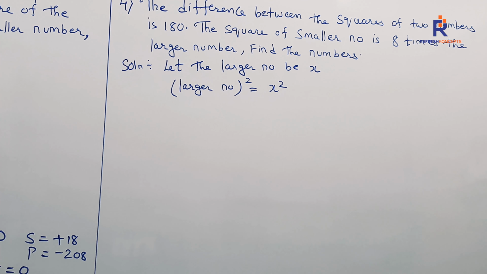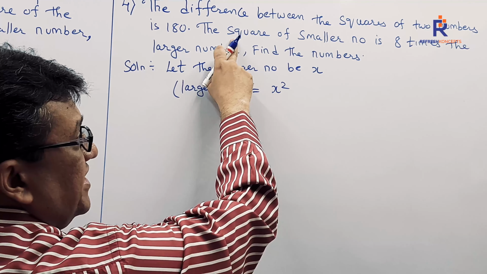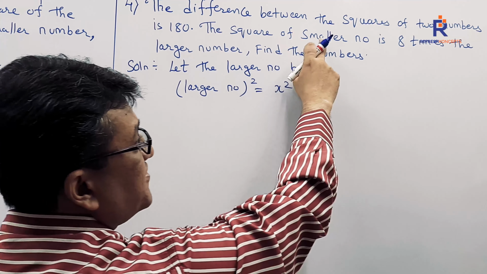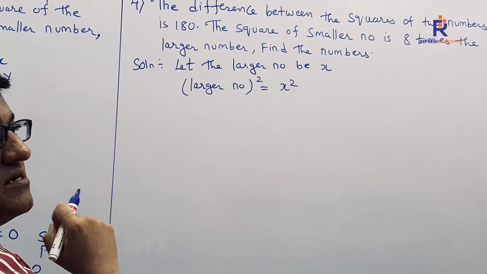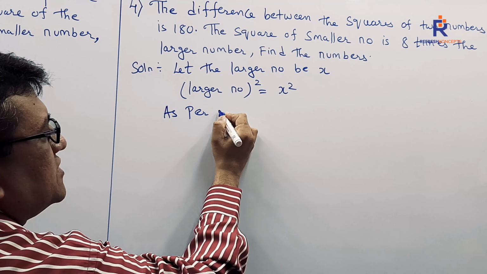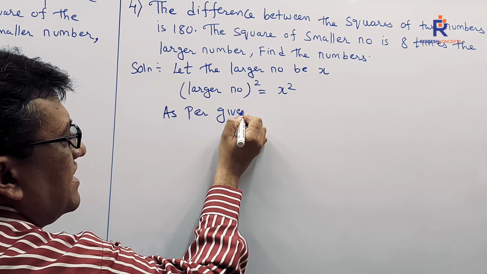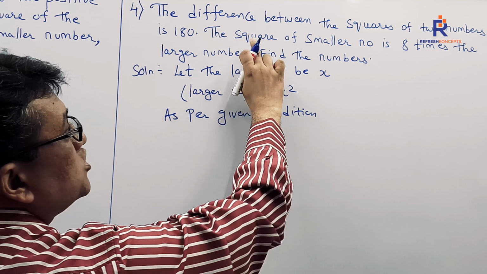Find the numbers. Any one number you can initialize as x or y, either larger or smaller. The call is totally yours. I shall take it larger. Solution. Let the larger number be x.